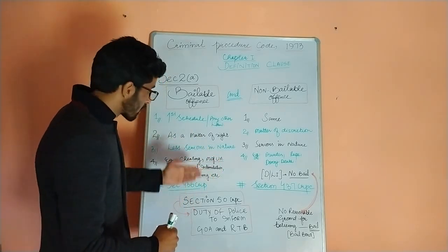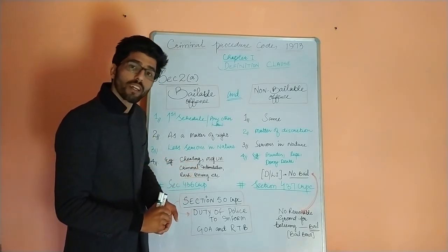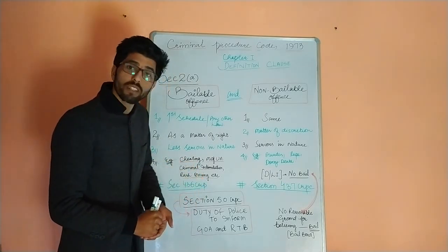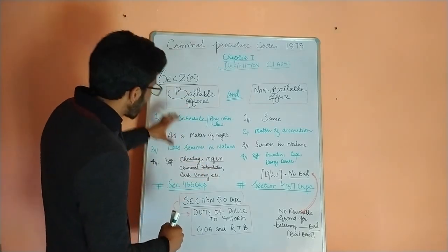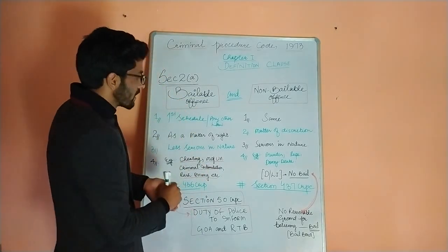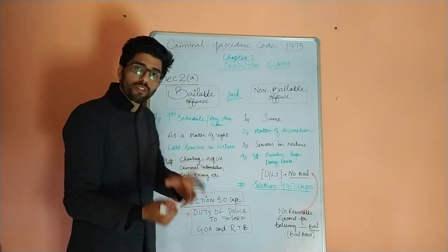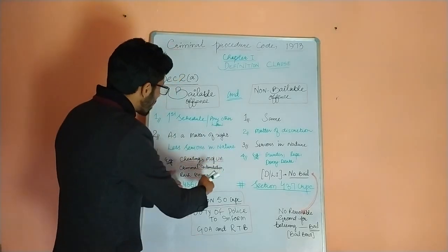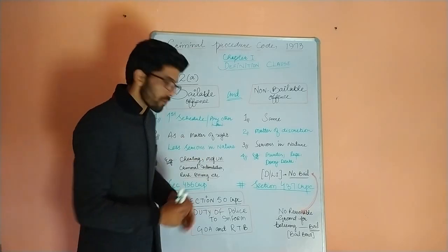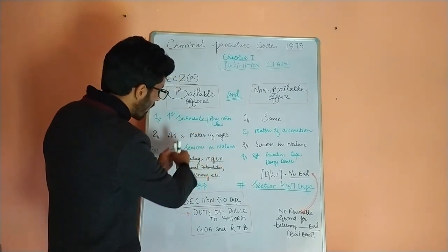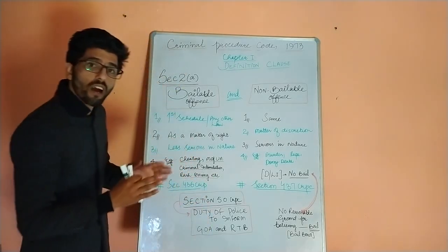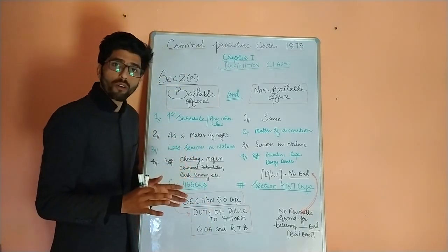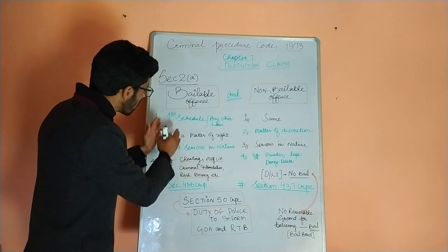Criminal intimidation is there, 506 IPC. We have rash driving, 279, etc. We have many other offences, which I have taken from the first schedule itself. And these offences are bailable. That means if you are indulged in any sort of offences likewise, then you can get bail as a matter of right. Fine. This is with regard to the bailable offences.